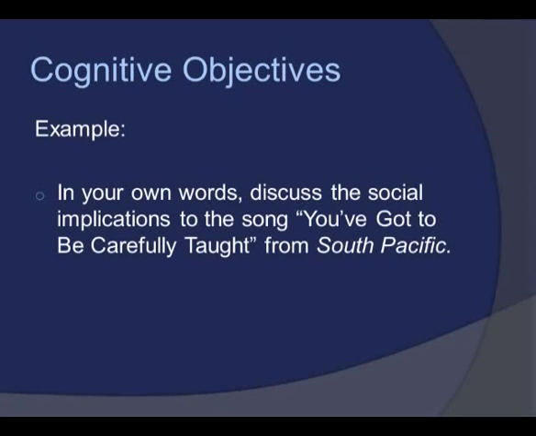If they understand the information and can express it in words that are their own, then they are more likely to retain the information, and they're more likely to be able to find a way to utilize it in their own lives.